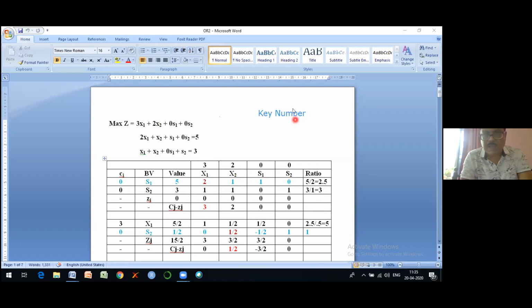This 2 is the key number. So just note down, the key number is 2. Right? So the first table, I hope, is clear to you.